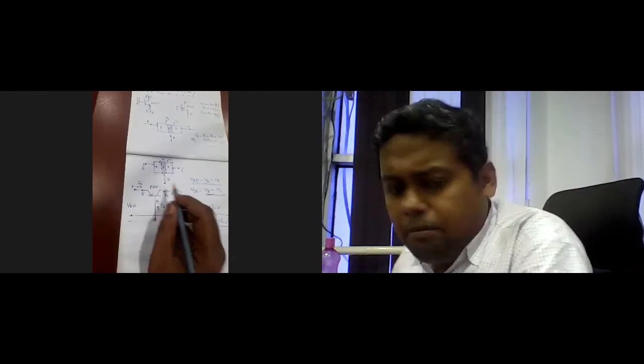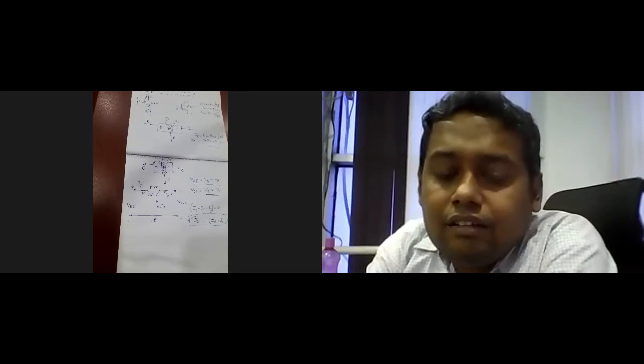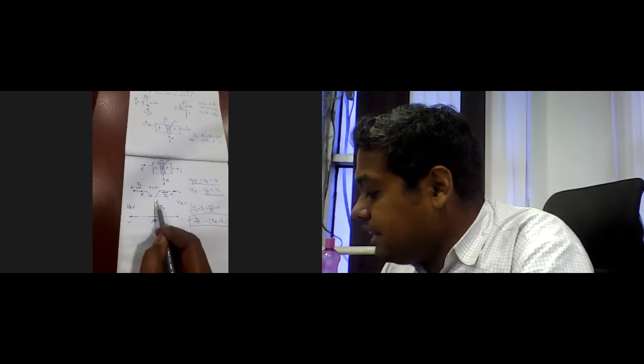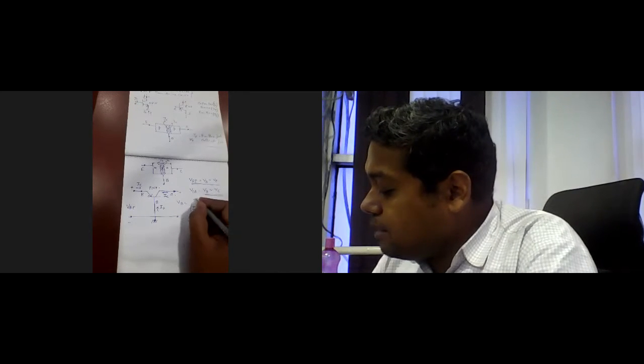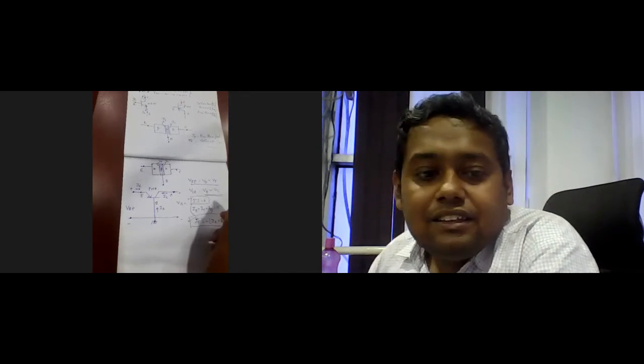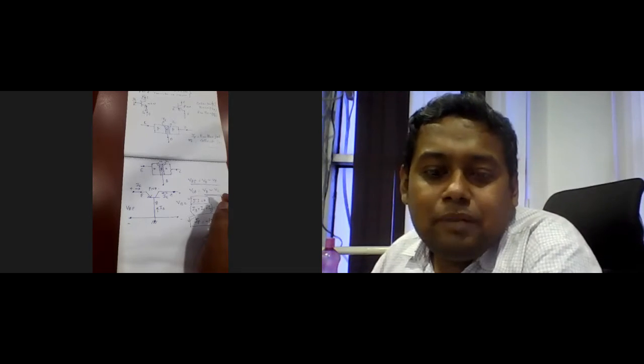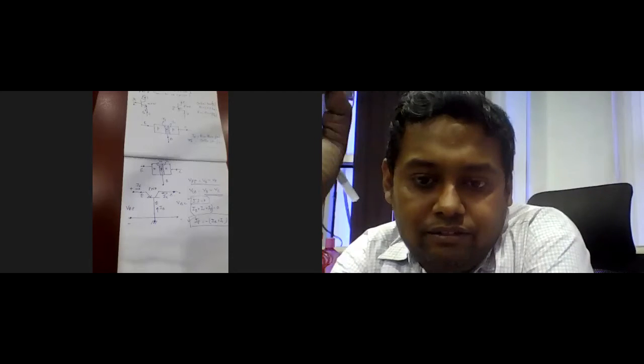The same thing happens, and the same structure is considered for the NPN. IE equals minus IB plus IC, because this is in the opposite direction. According to Kirchhoff's current law, the summation of I equals 0 at a particular node, where you consider the summation of all currents at a particular point.